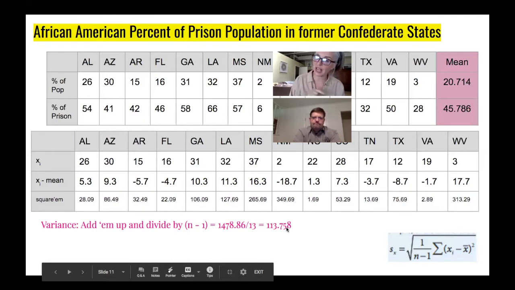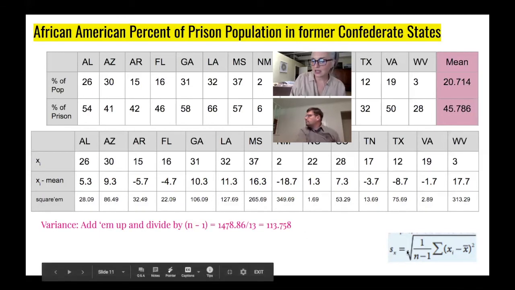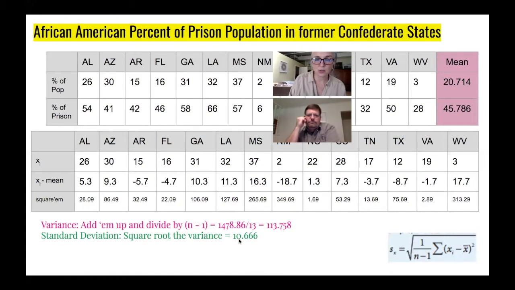That number has a name: it is called the variance. Then the last thing I do, see this huge square root over the formula here, is take the square root, and I get the standard deviation, which in this case is about 10.666 or 10.7.